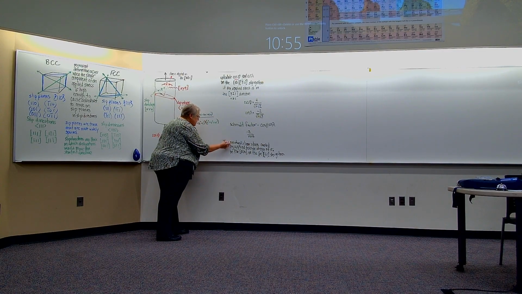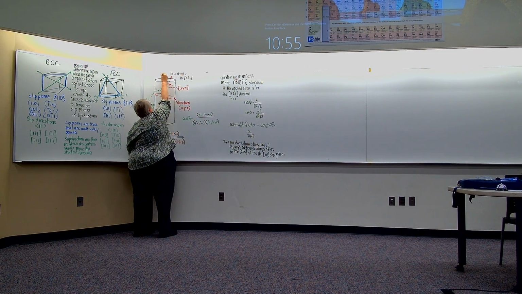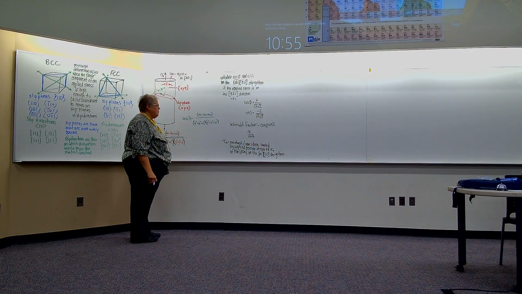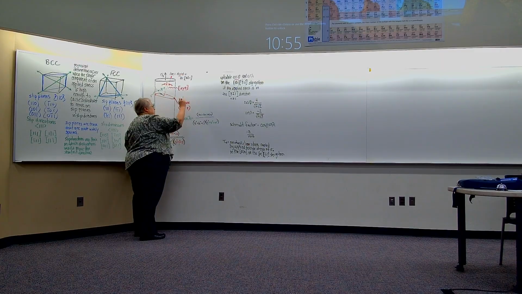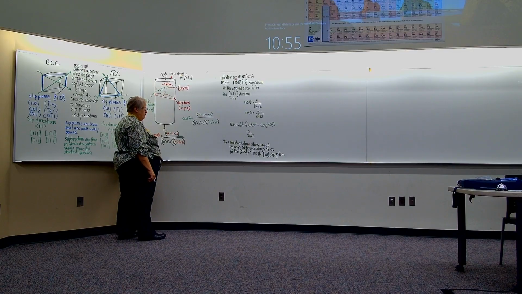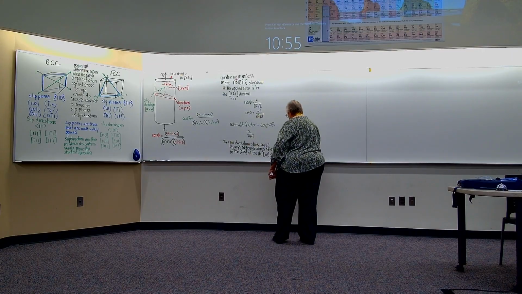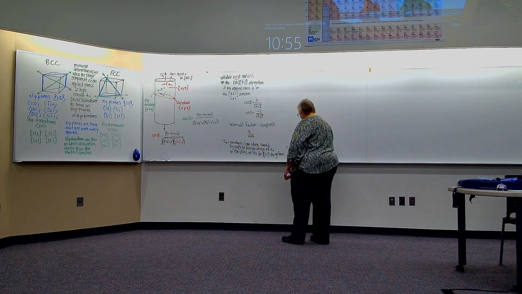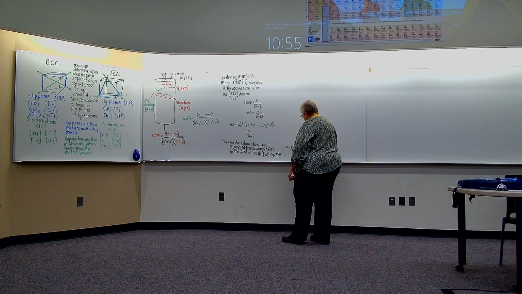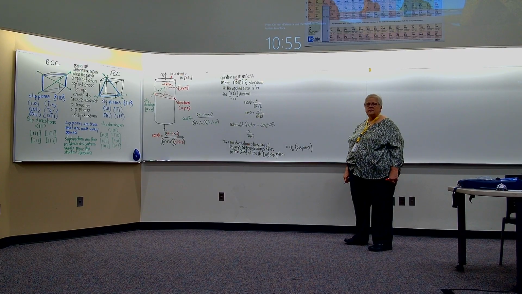So the resolved shear stress caused by that applied stress of sigma 0 in the ABC direction on this plane and this direction is equal to the applied stress times cosine of phi times cosine of lambda. That's how we calculate that.